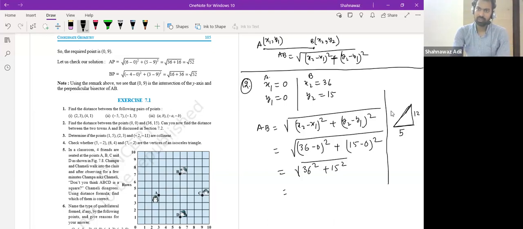No. So this is 13. Okay, so you guys see that 5 square plus 12 square would be 13 square. So you guys check this. And you see that this is 5 threes are, and this is 12 threes are. So the other one would be 39 square.